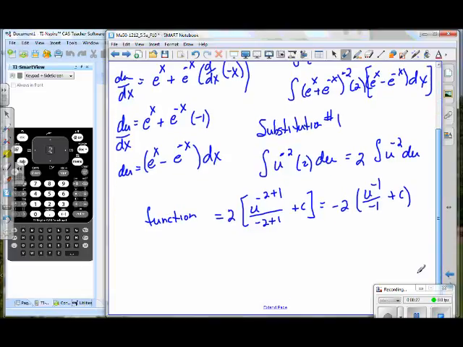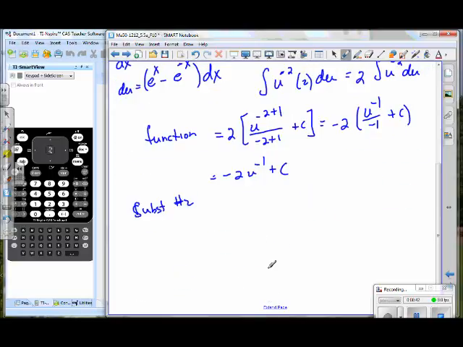This is our function, the original one. So if I'm looking at that, I could say that it's -2 u to the -1 plus c. If I go back and do now my second substitution, I would have f of x equals -2 divided by u.